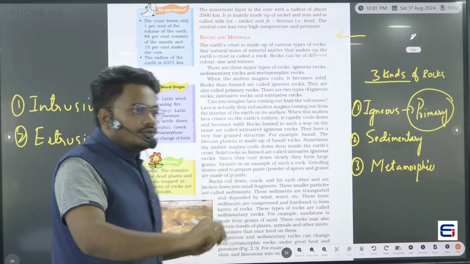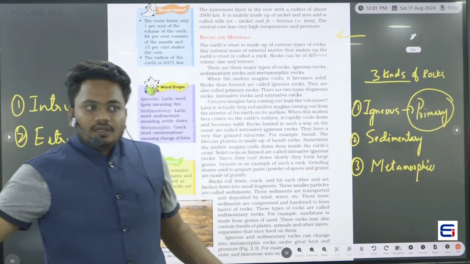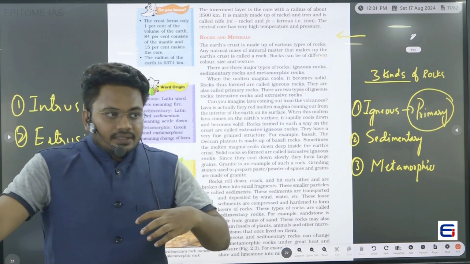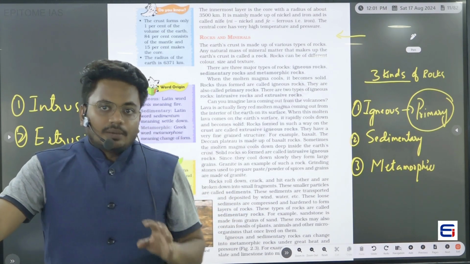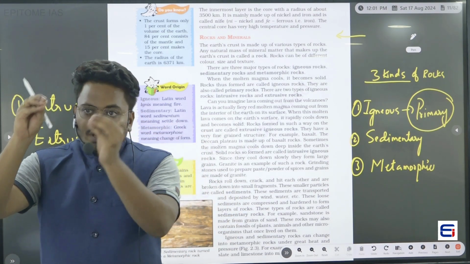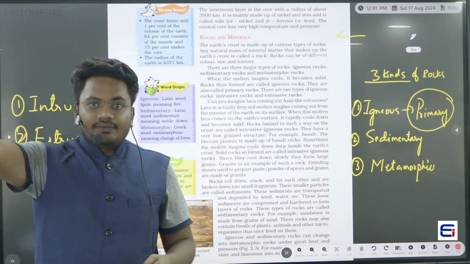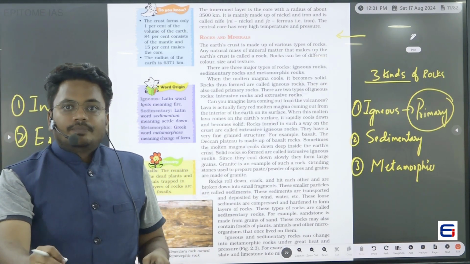What is meant by intrusive igneous rock? We understood that the lava coming out of the magma chamber will be cooled down and then we will get an igneous rock.